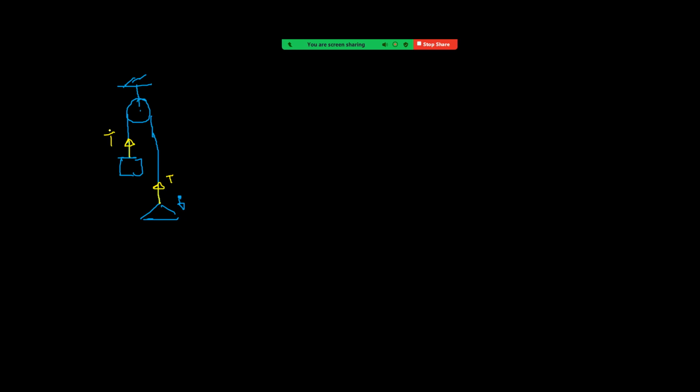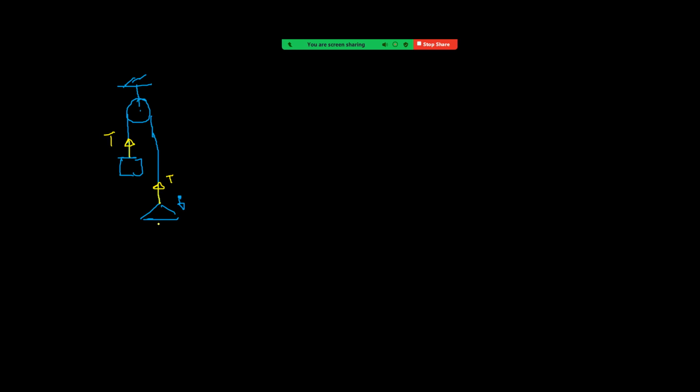When compared to this tension, the gravitational force mg is very small, so we are neglecting that. I'm repeating: when the particle strikes the pan, the tension becomes very large. Before the particle strikes the pan, the tension was equal to mg, right?